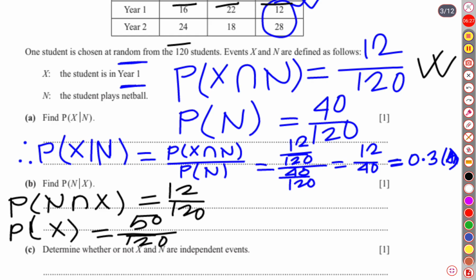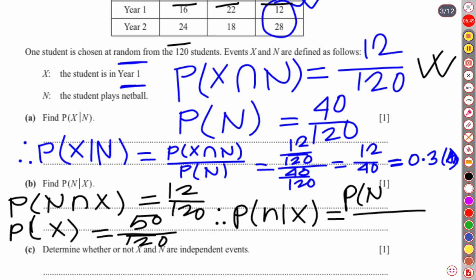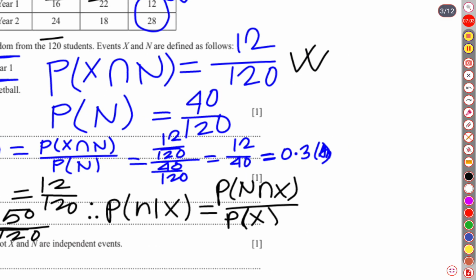So we will find the probability of N given that X. We know how to write this: the probability of N intersection X over the probability of X alone, not N. We already have the information.